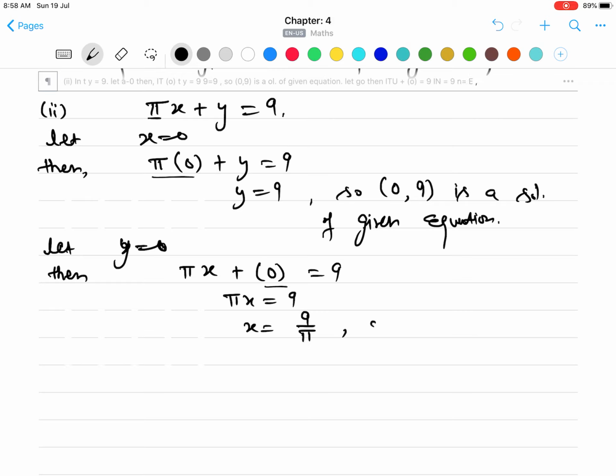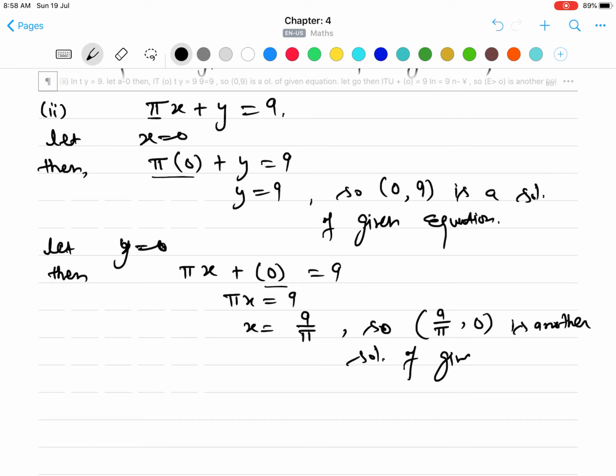Okay, so the solution will become x is 9 by pi comma y is 0 is another solution of given equation.